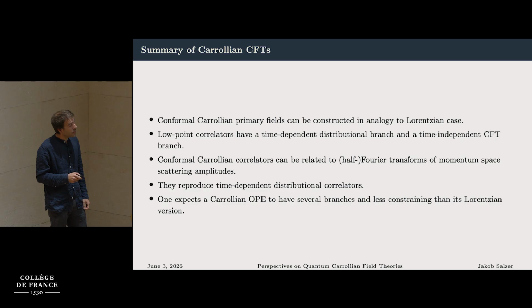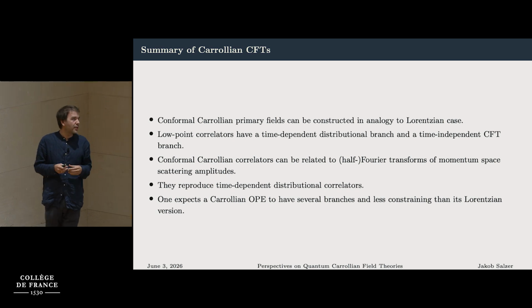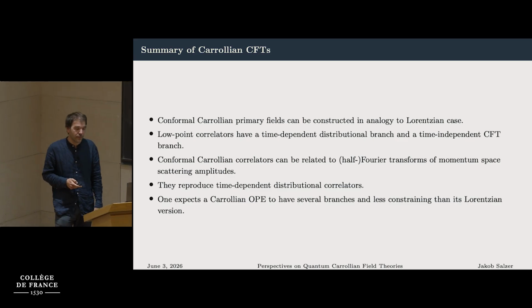The 4-point function, maybe not the most general solution, is not yet known. We can relate them to scattering amplitudes, which reproduce these time-dependent distributional correlators. And then, as I just told you, this Carrollian OPE seems to have several branches and is certainly less constraining than the Lorentzian version, precisely maybe because we have this non-locality in the u direction.